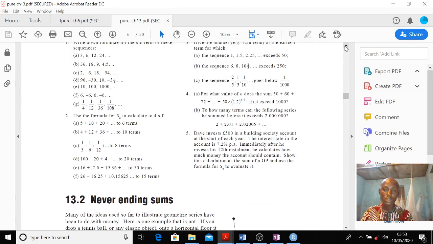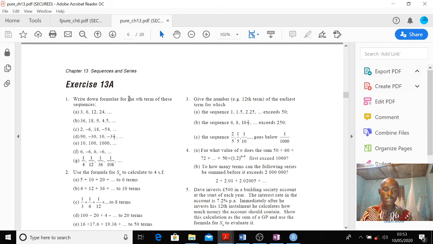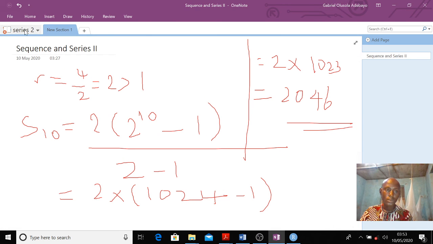These exercises now: write down the formula for the nth term of the following sequence. Okay, let's just do 1A.